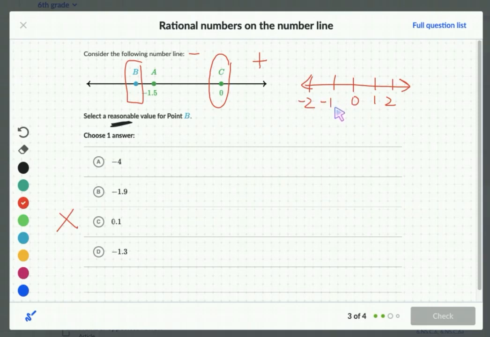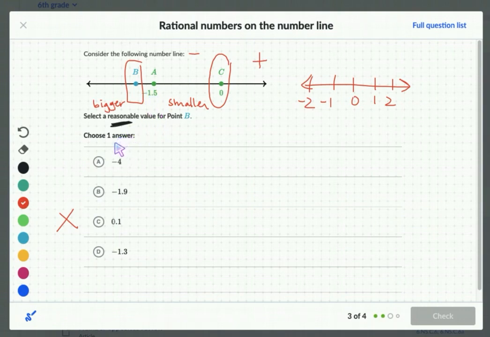So these smaller numbers are going to go to the right-hand side. Okay, so over here is going to be smaller than -1.5, and over here it's going to be bigger numbers than -1.5. Not bigger values though, just the numbers themselves have to be bigger.